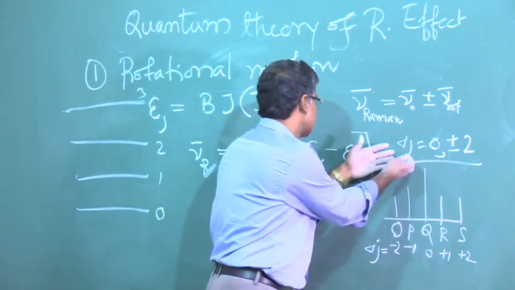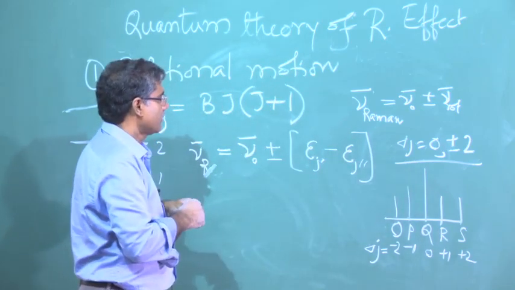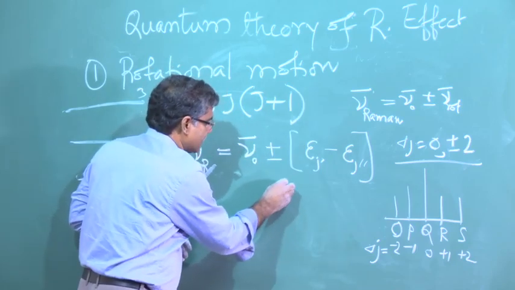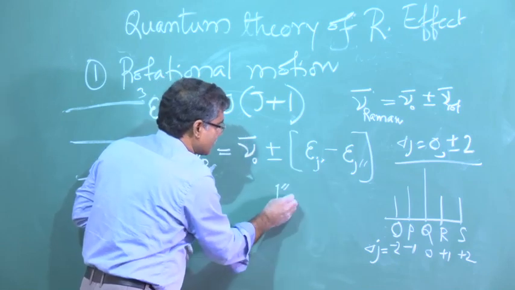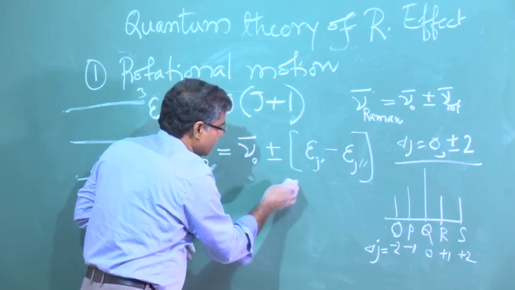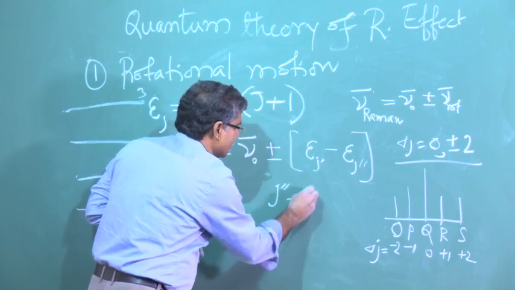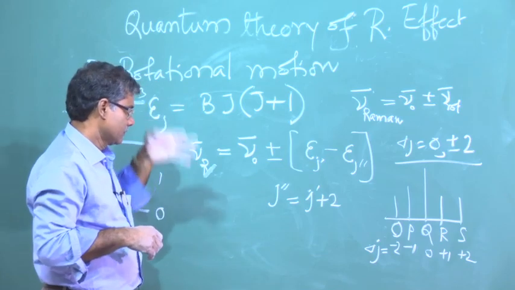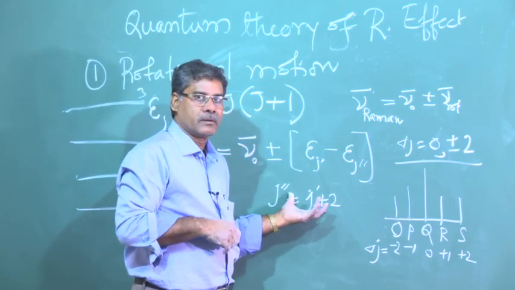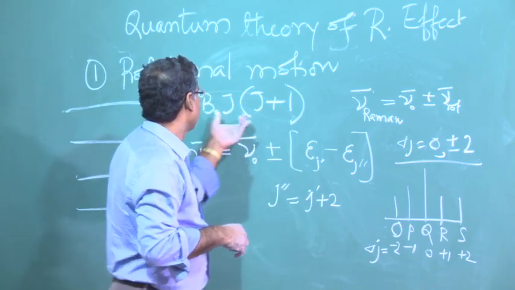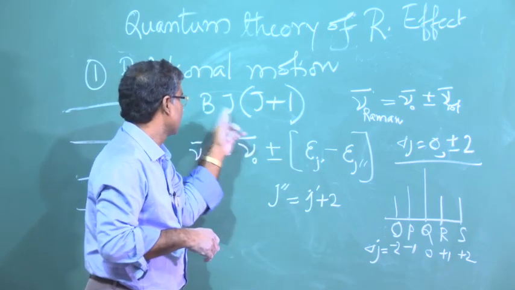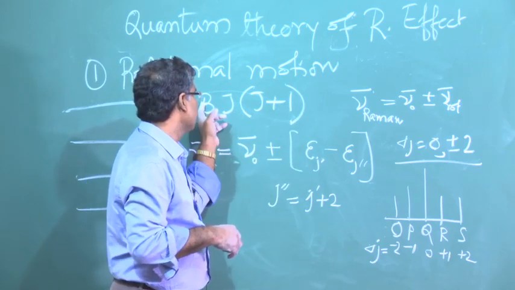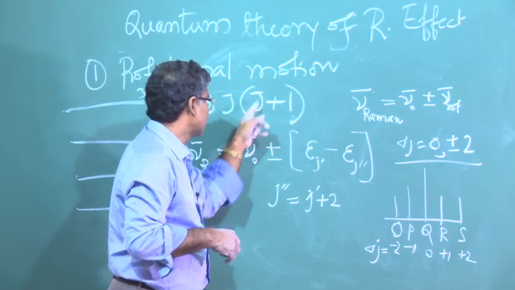Now, one has to consider this transition, where for plus minus 1, you replace j double dash equal to j dash plus 2. Then you put in one case B j dash plus 1 minus B j double dash plus 1.